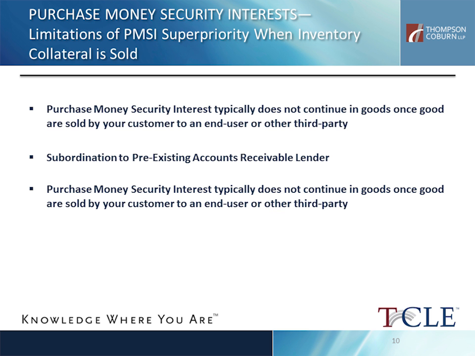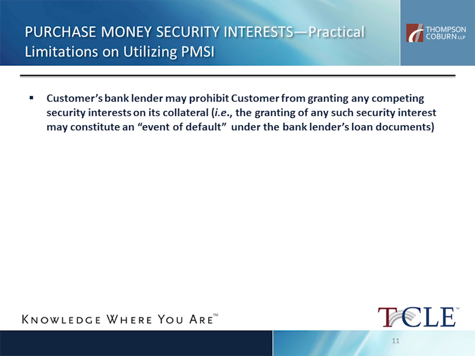Probably the biggest limitation that we confront in terms of having clients obtain a purchase money security interest in goods that they're selling to a customer is that often the customer's existing bank lender will have a prohibition in its loan documents that prohibits the customer from granting any type of lien to other parties.